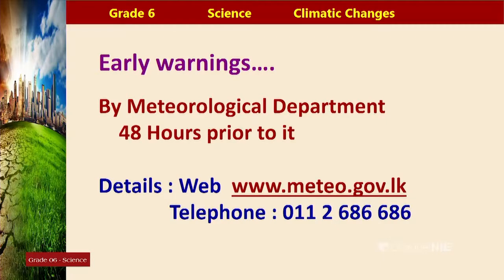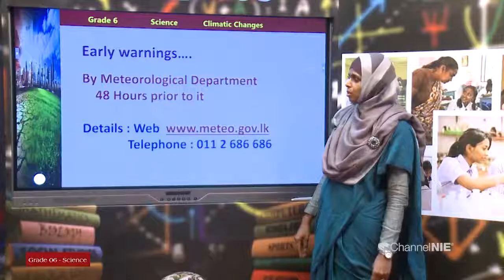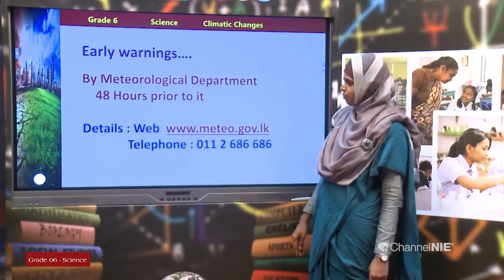The meteorological department watches the atmospheric conditions around Sri Lanka and gives warnings on the weather and climate. If there is a threat of cyclones, they would inform us 48 hours prior so that we can be safe.